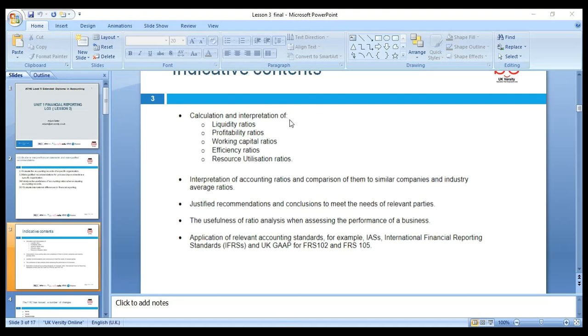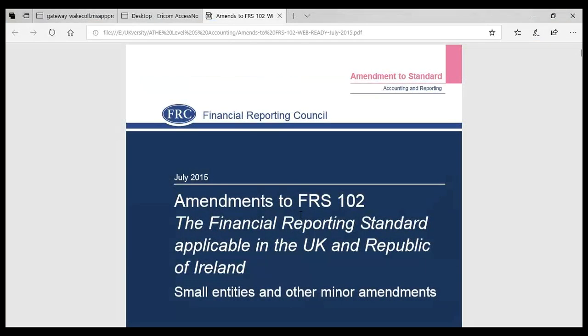Now we will go through FRS 102. A few headings I will upload; please do a bit of background reading. Financial Reporting Standard 102 is applicable in the UK and Republic of Ireland.